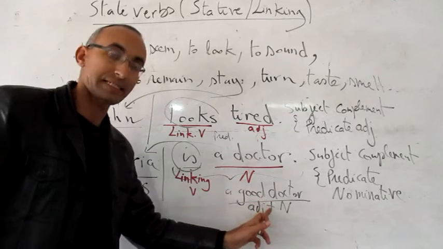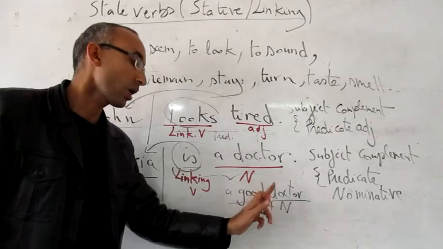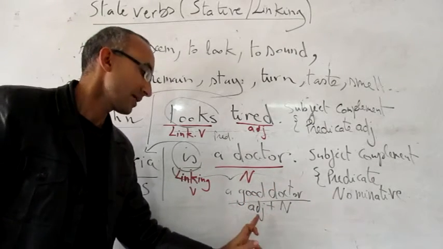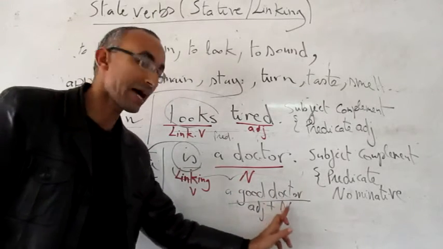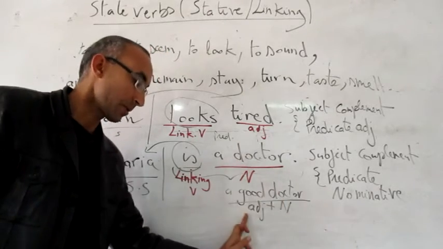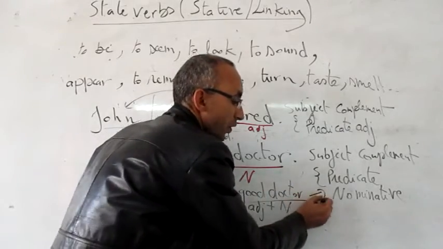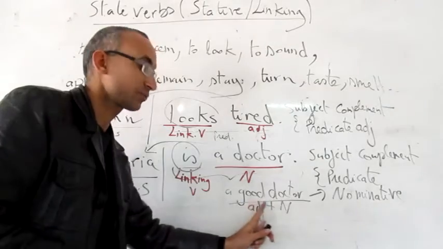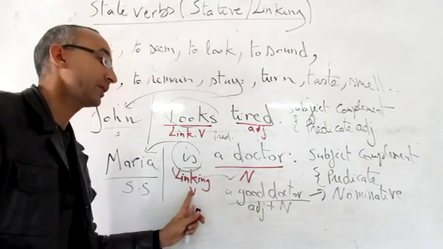Now, do we consider this case a predicate adjective or predicate nominative? It's very easy. As long as this combination contains a noun, whether a noun alone or adjective plus noun, it remains always predicate nominative. Because here we have a noun phrase. Noun phrase equals predicate nominative after linking verb.